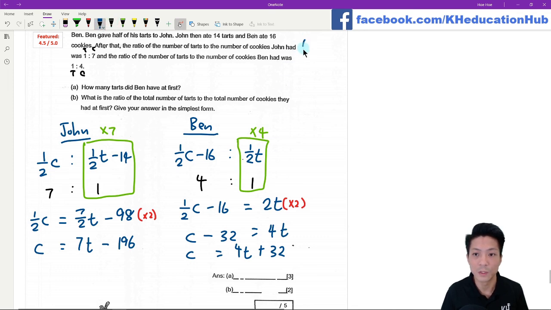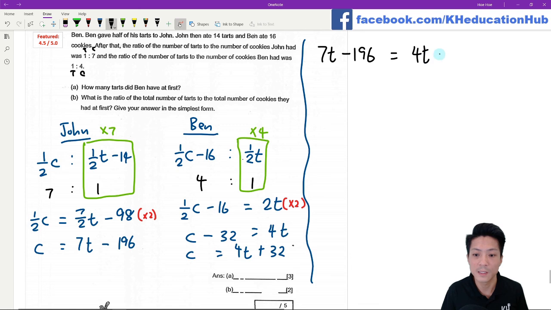I'm going to bring the working to here, which means that we can say that 7 of the tarts minus away 196 is equal to 4 times of the tarts plus 32.